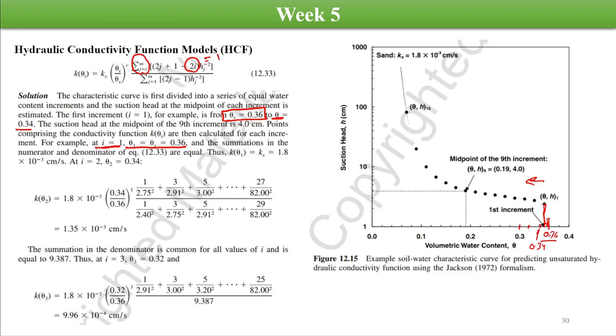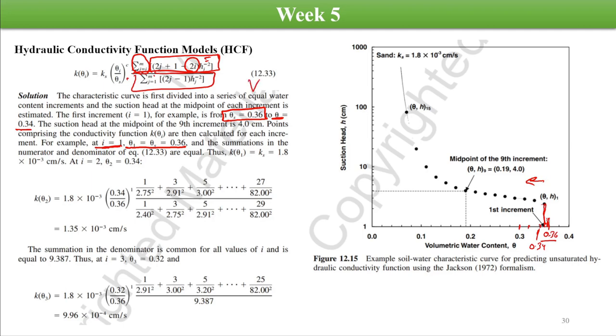We are taking this for 15 times. Then we'll see that for I equal to 1, if we solve the numerator and the denominator's summation part, these two will be the same, so they will cancel out.